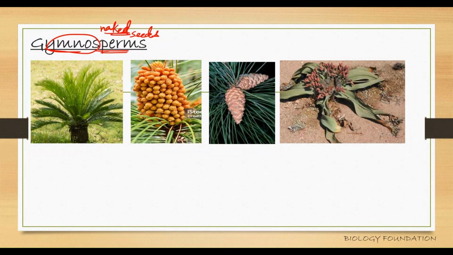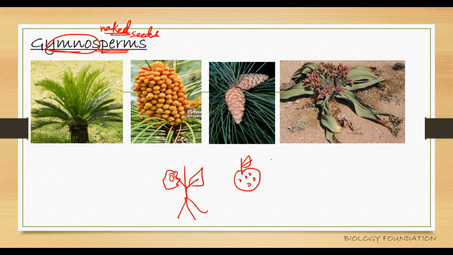What does this actually mean? We all know that a plant has roots, leaves, and produces flowers. After pollination and fertilization, the flower starts developing into a fruit, right? And inside the fruit you have the seeds.